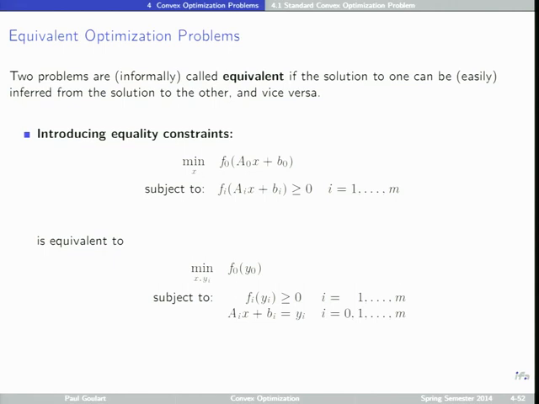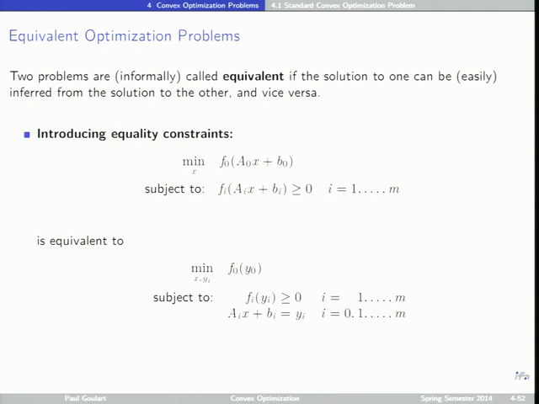What this means is that if I have a problem in some kind of inconvenient form, maybe I can add a few variables or change variables a little bit, solve a different problem, and then just unwind all the changes and get the solution to the first one back again.